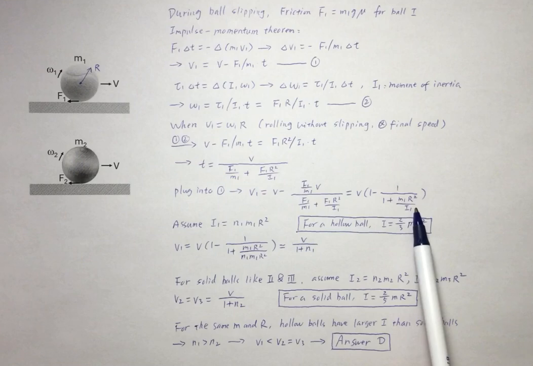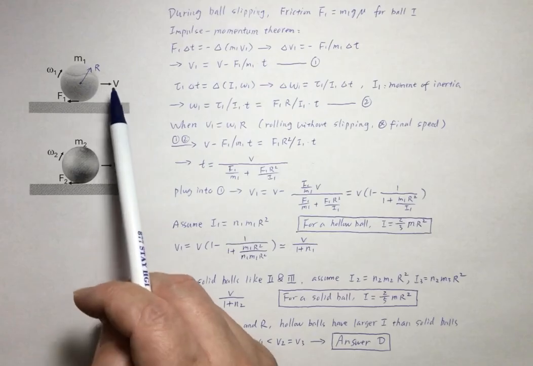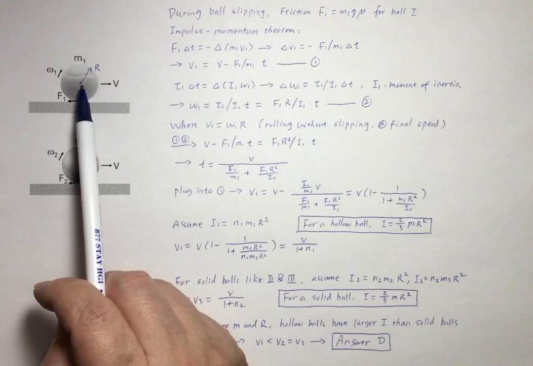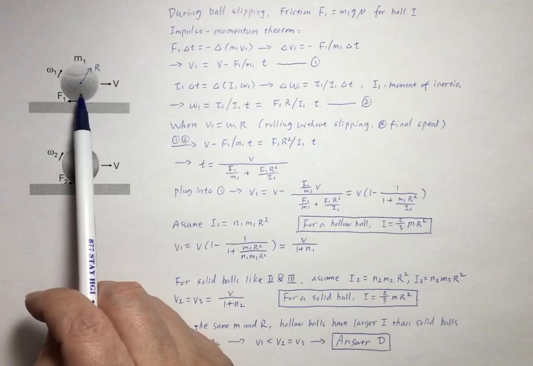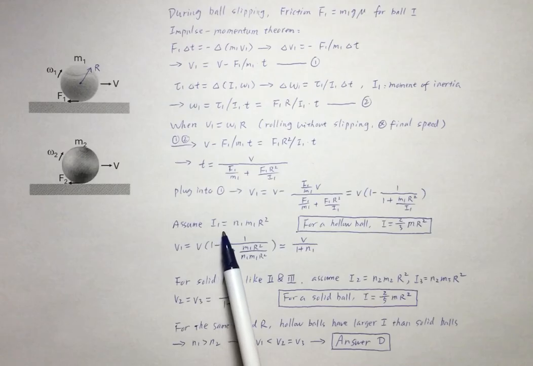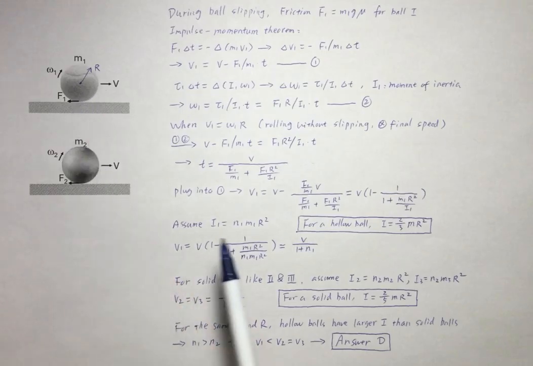Moment of inertia is usually defined as the mass multiplied by the squared distance, where the distance is from the mass to the rotating axis. For a hollow ball like a tennis ball, we have an expression for its moment of inertia. We assume it's n1 M R squared, where M is the mass of the tennis ball and R is the radius.